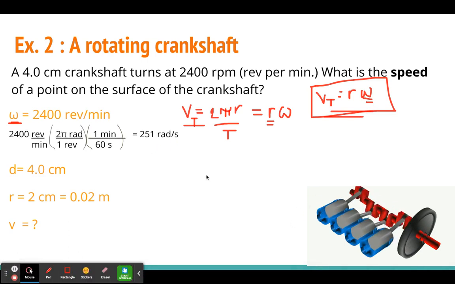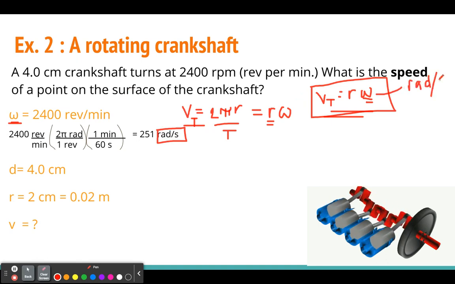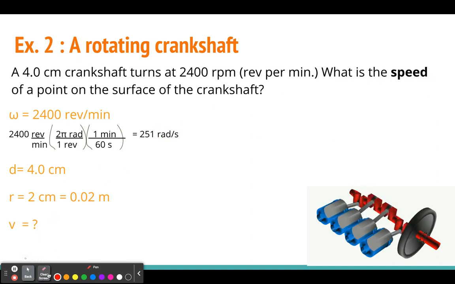Basically here we're going to first convert so that omega is in the right units. Omega should be measured in radians per second. Angular position is in radians, so angular velocity must be radians per second, as the equation is delta theta over time.